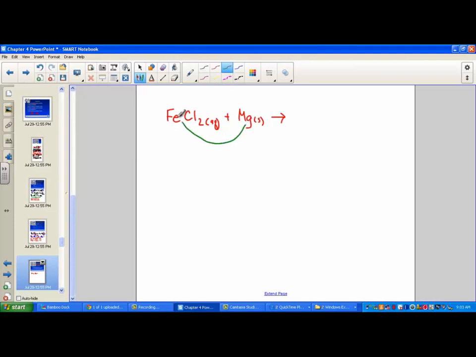Magnesium is indeed strong enough to displace the iron, so it's the magnesium kicking out the iron, forming the elemental form of iron, and in solution now, magnesium chloride. So here's the aqueous form here, and this guy will now be a solid. So the two metals exchanging places. Chloride, I can tell, will be the spectator ion.